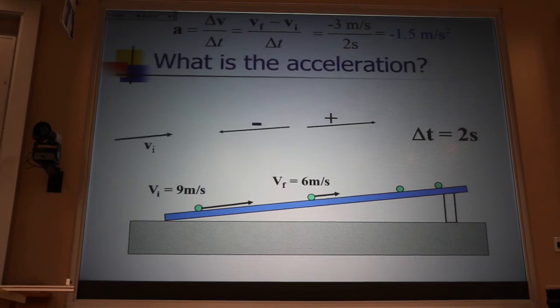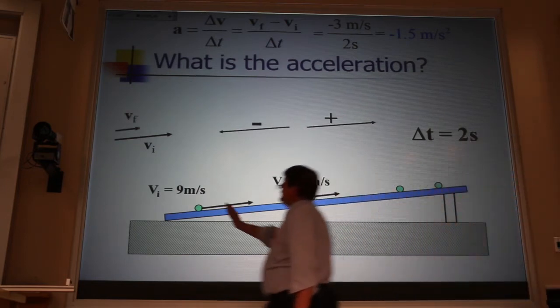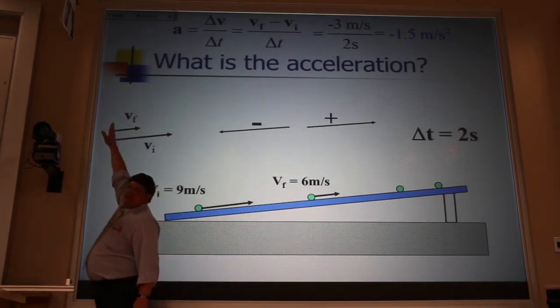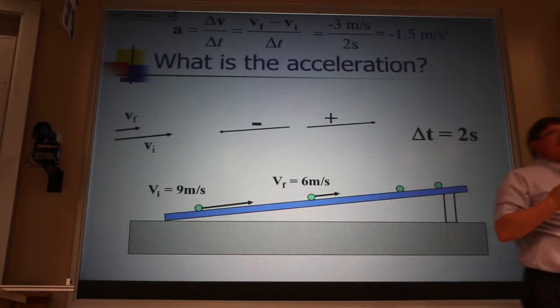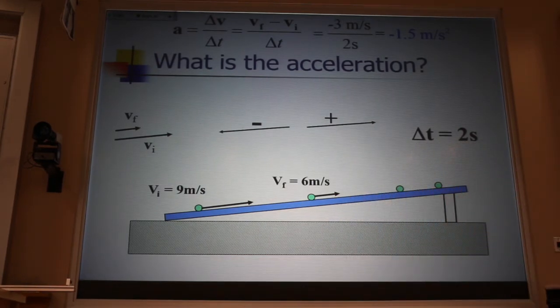Now, we know that acceleration is down the ramp because this is what we did in tutorial. We took the initial velocity and we put it tail to tail, heel to heel, with the final velocity. And we asked ourselves, what change would I have to add to that long vector up the ramp to get a short vector up the ramp?